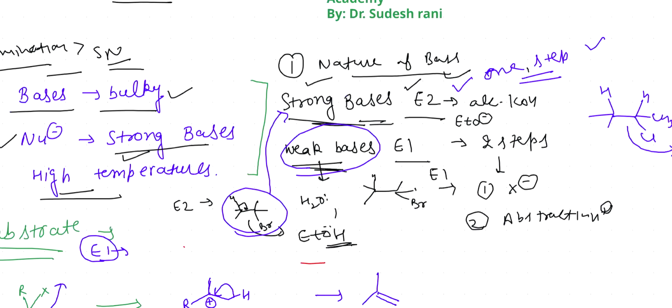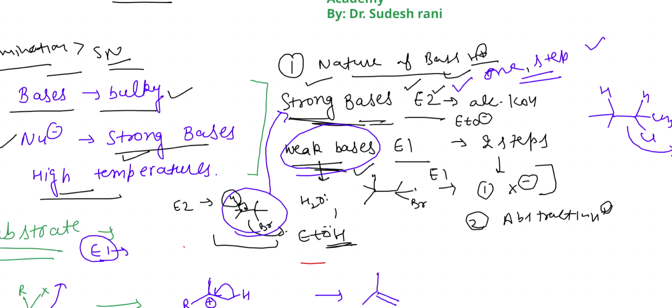Because in E2 mechanism, both the H positive and the leaving group are abstracted simultaneously at one time. If the base is strong in nature, it will abstract the hydrogen as well as the leaving group. But in case we are using weak base, the first step is the removal of leaving group.